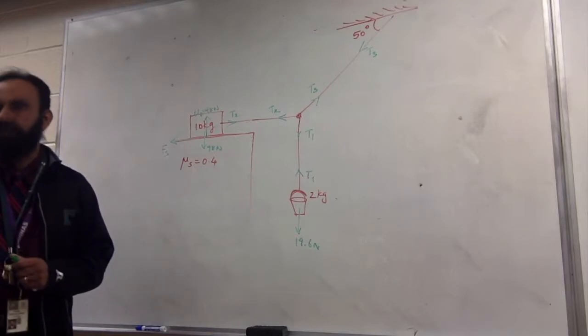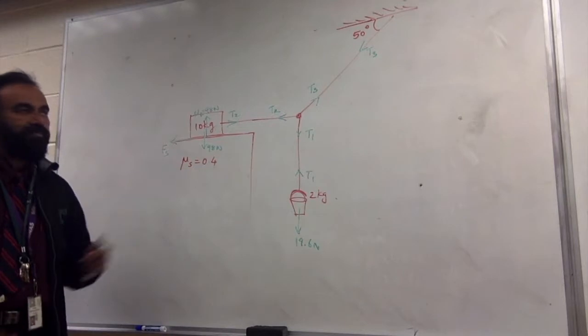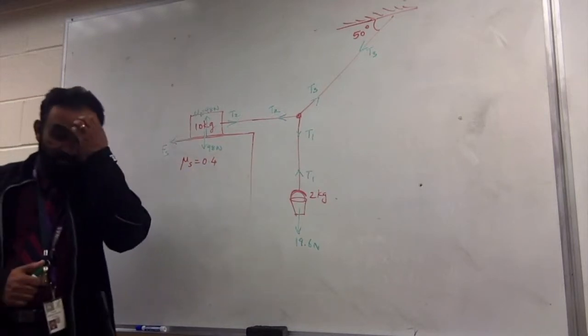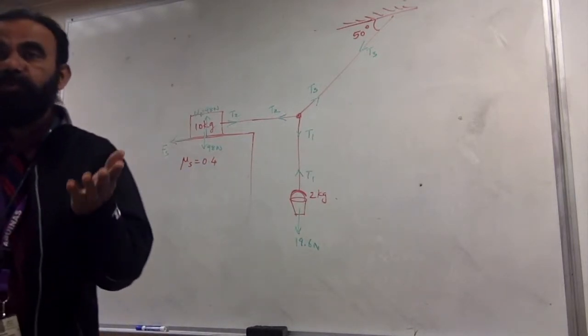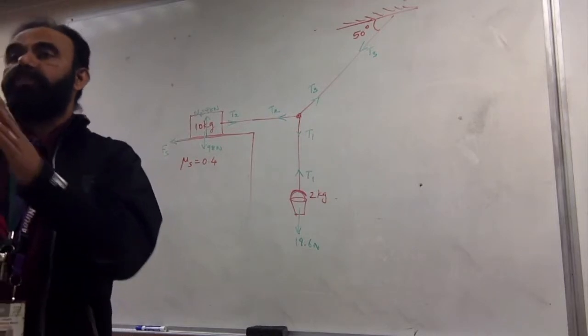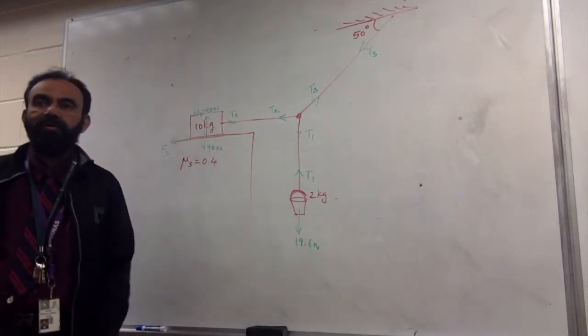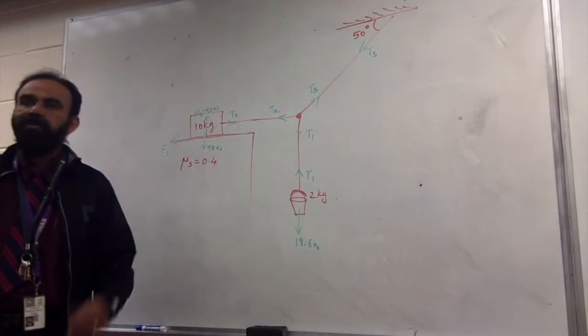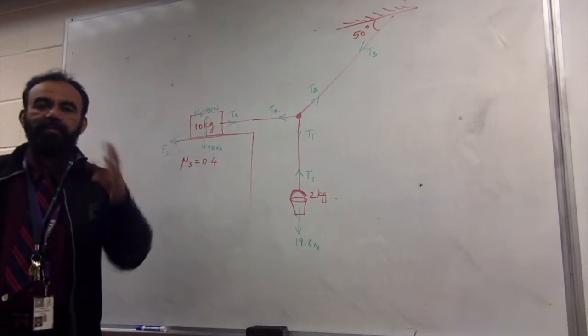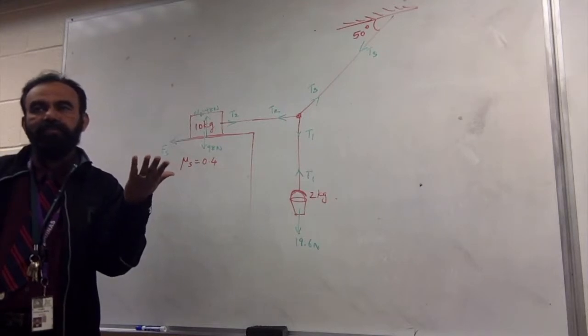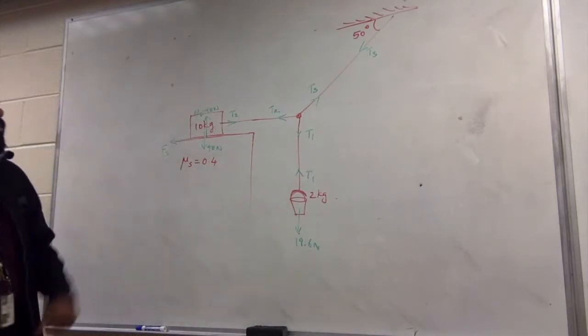But it doesn't matter. You don't have to worry about which is the right symbol to be used for normal reaction, as long as you understand what is happening. If you write NR, everybody knows that it is normal reaction. If someone says FN, it will be a normal force. You get it? Fine.